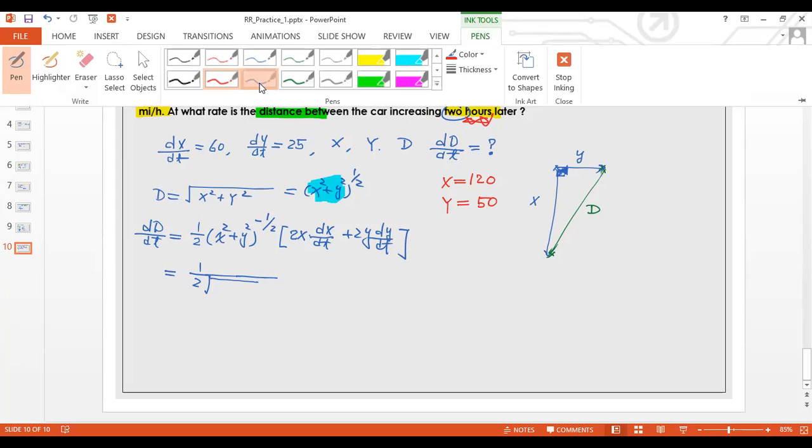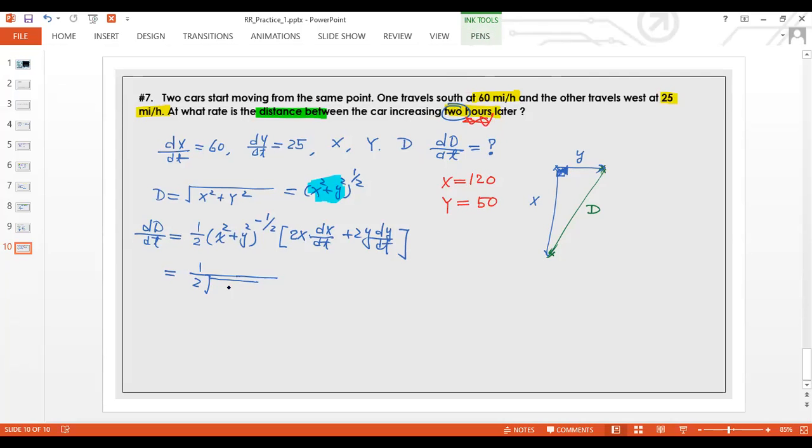That's great. So let's put it inside here. Under the root, it's 120 squared plus 50 squared, correct? And the top here is 2x, it's 2 times 120. In fact, I don't need to use the 2. I can simplify it.